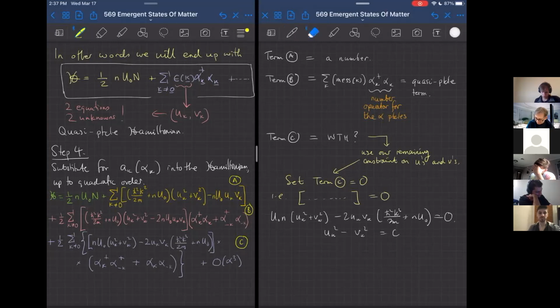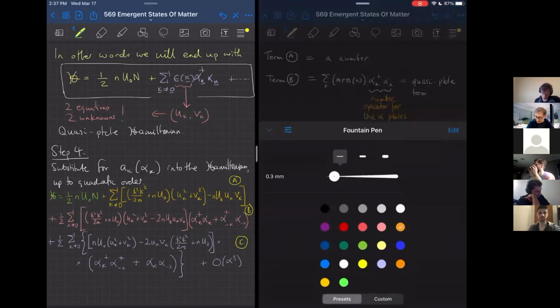Excuse me, not 0, 1. So I've got two constraints, and two unknowns for each value of k, uk and vk. So that's good because that means that we can then solve these equations. So let's go ahead and solve them.